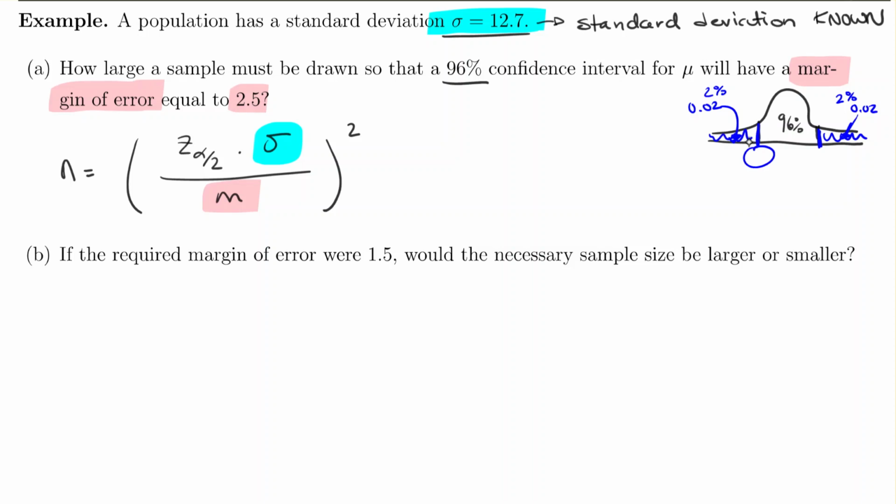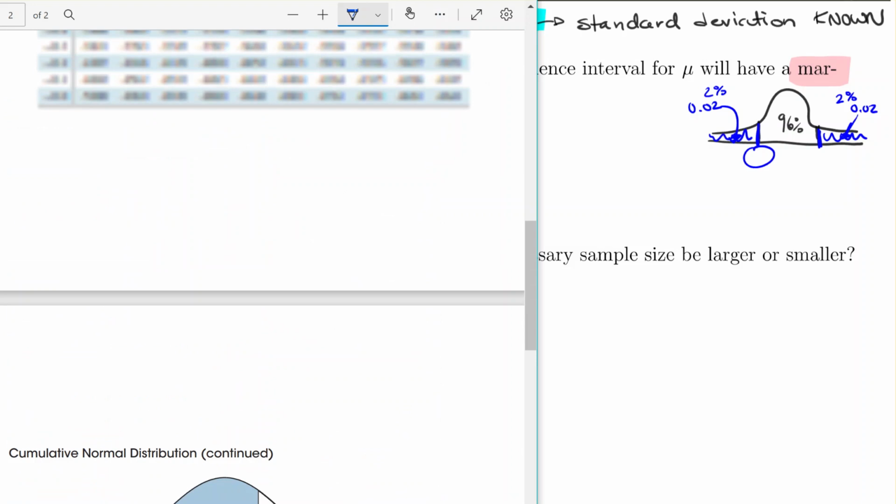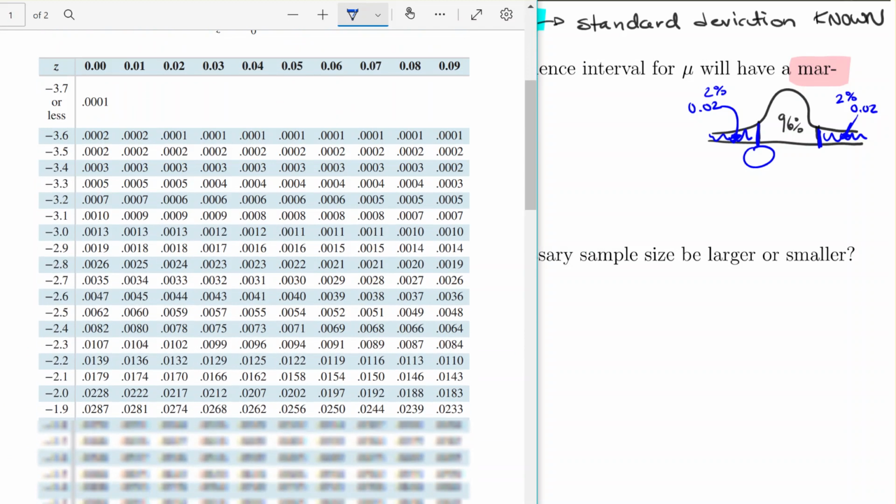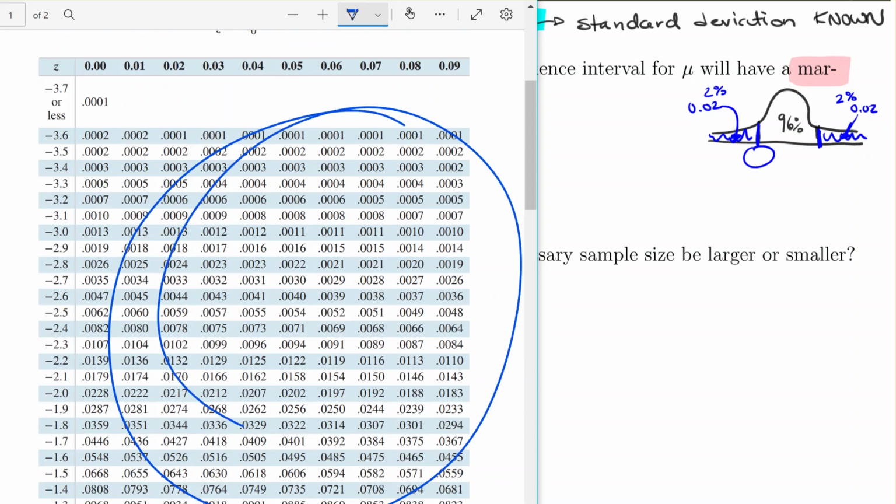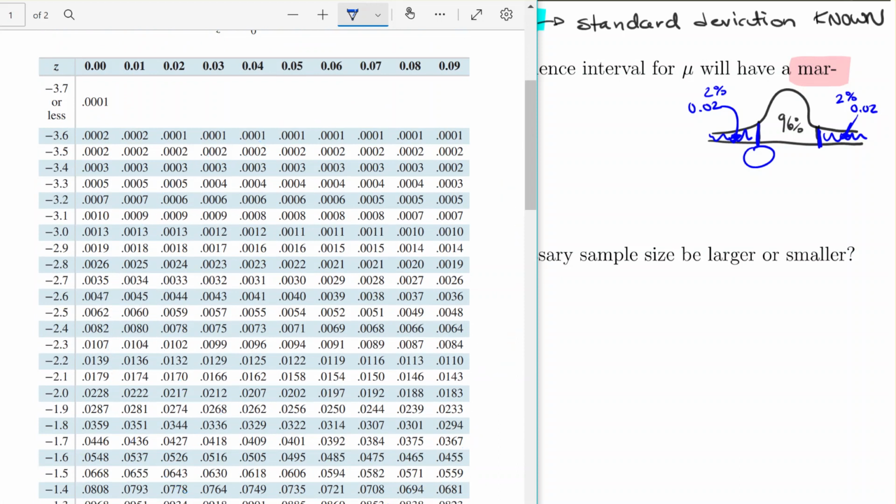Well, we'll use the chart now in reverse. So looking at my chart, I'm looking at the middle section, and I'm going to say which middle portion is closest to 0.02. Here I see a 0.0202, 0.0197. Remember, when there's two that seem close, pick the closest, which would be this one.